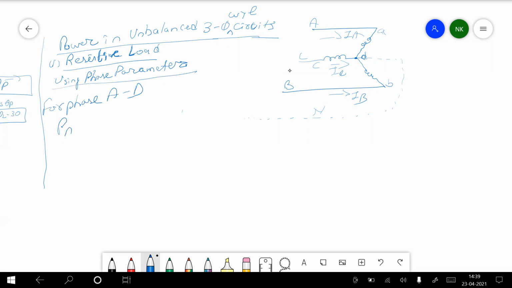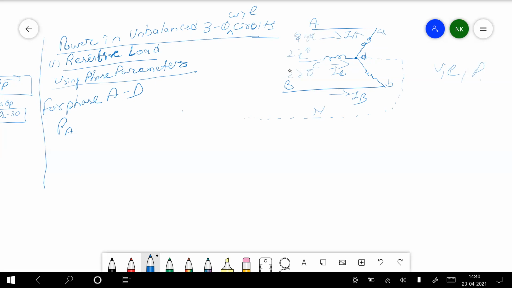For phase AD, power in that particular portion, as it is unbalanced, means either the magnitude of your voltage or current, or the phase of your voltage and current would be different. It will not be the same for all three. This is what we call unbalanced conditions in a network. Generally we have a balanced supply. If it is supplying 220, it will be 220, 220. Or it will be 480, 480 and 480.